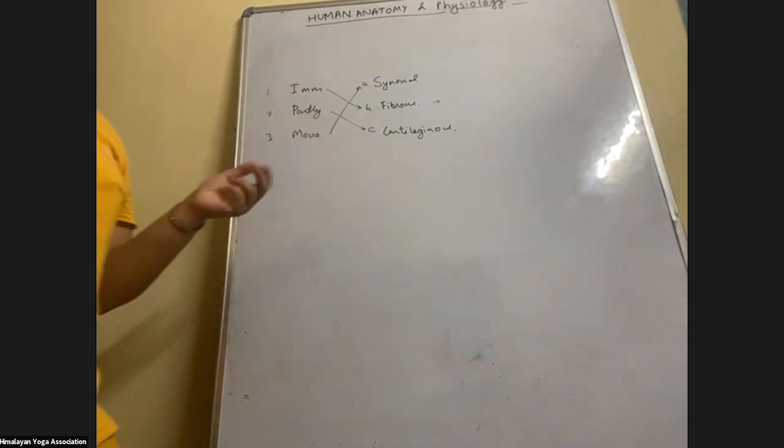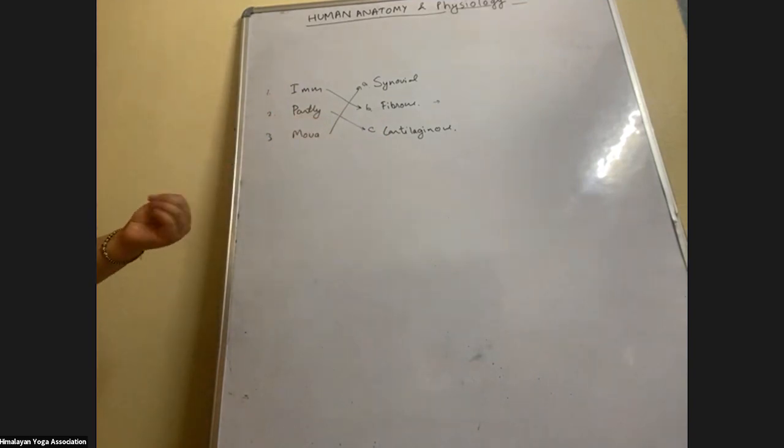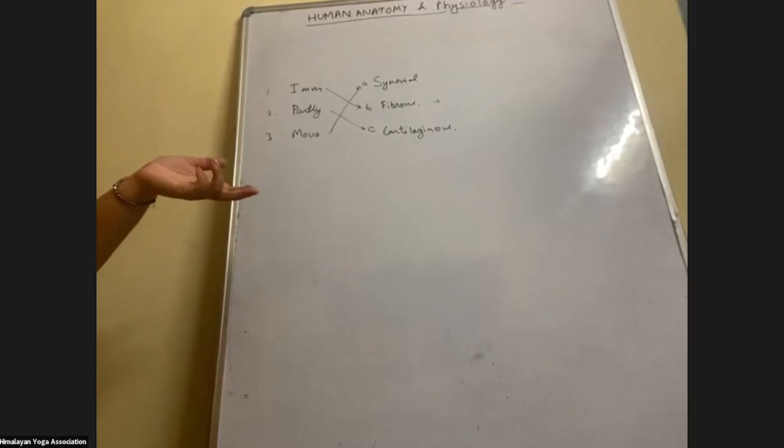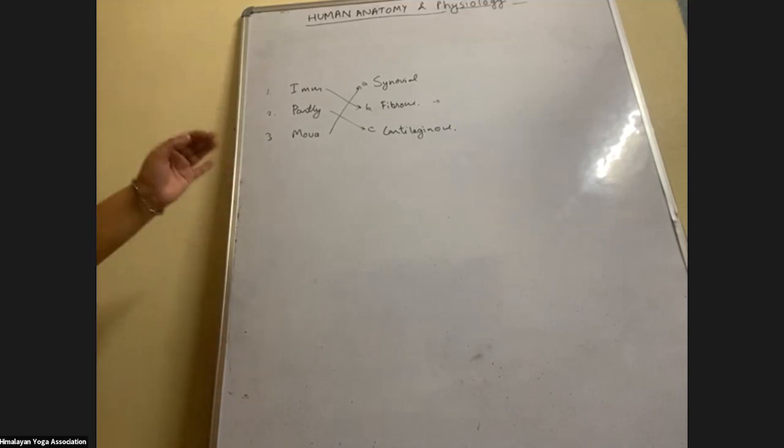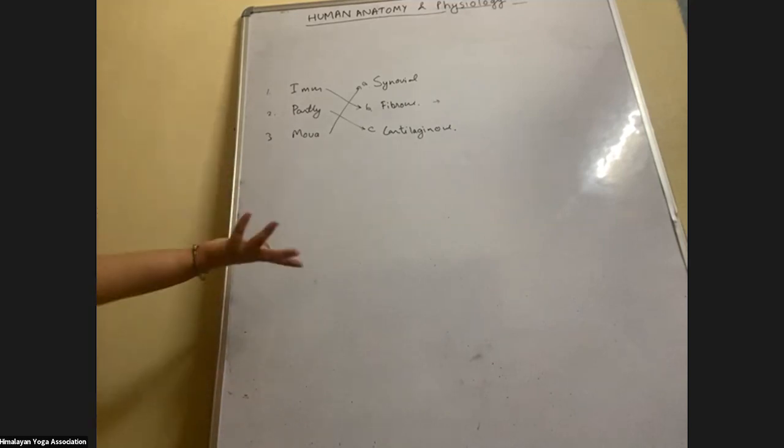Partly movable examples are the distal joint between tibia and fibula, yes, very good, and the rib cage. Then movable, synovial joint. We studied synovial joints in detail. There are different types of synovial joints. What are those?